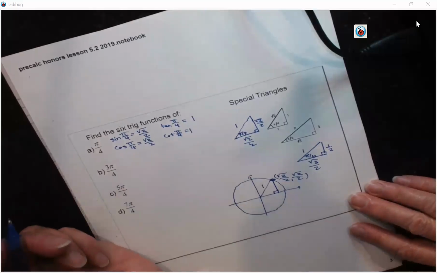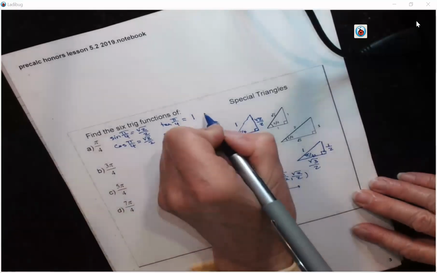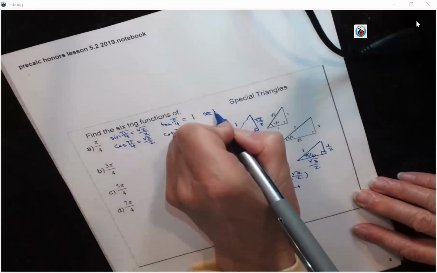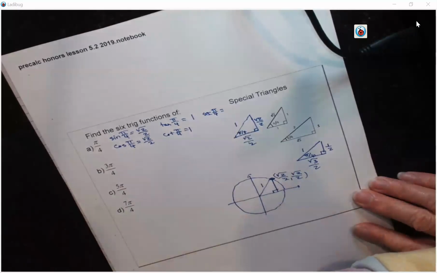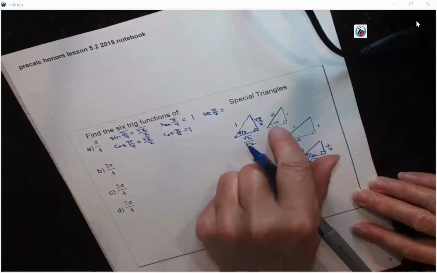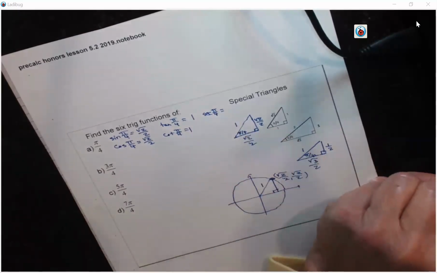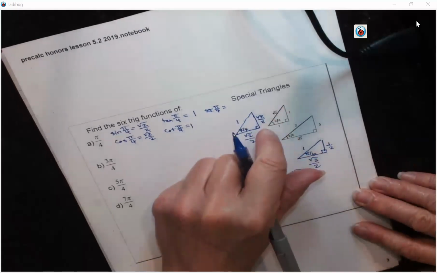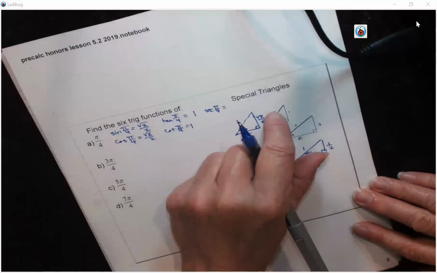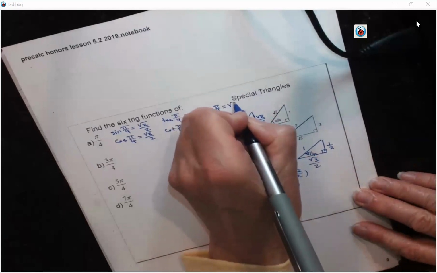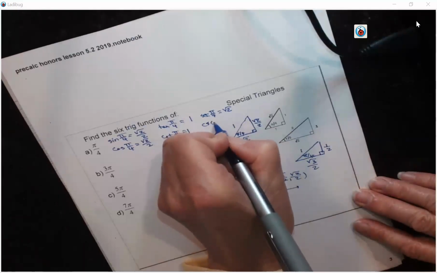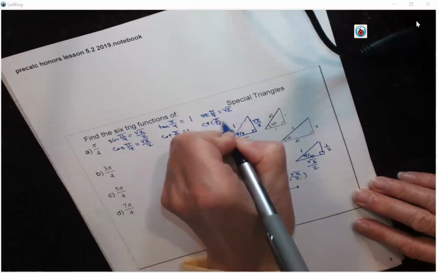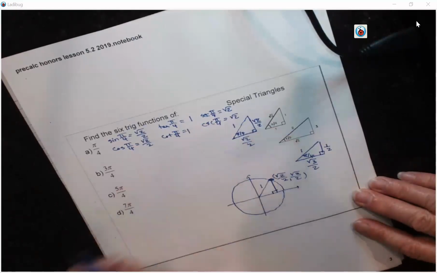If I want the secant of pi over 4, one thing I might do is look at one of these drawings of a special triangle. Looking just for ratios, the secant of pi over 4 would be hypotenuse over adjacent, root 2 over 1. That's just root 2. You'll find the same thing for the cosecant of pi over 4. That is also root 2.